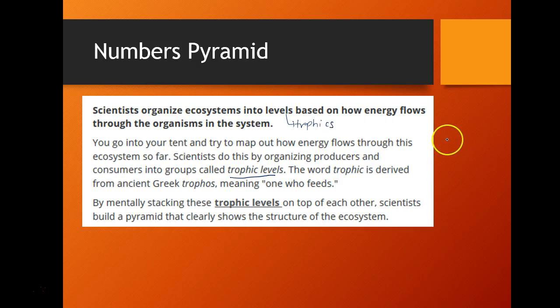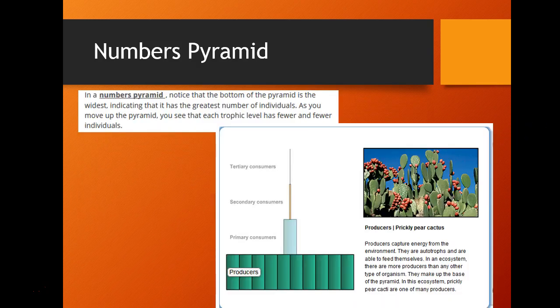Trophic levels are basically a different way that scientists organize the different organisms based on how and what organisms eat and obtain their energy.